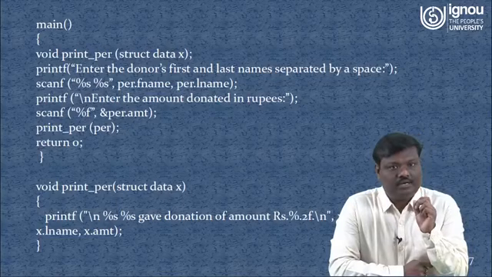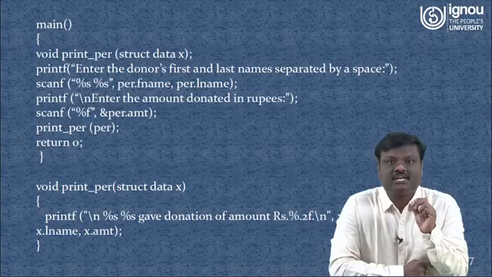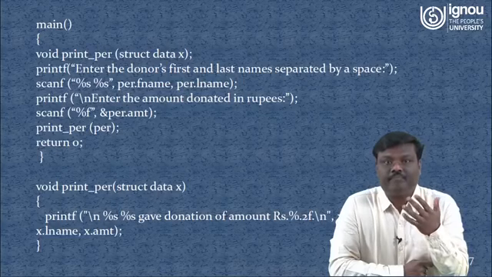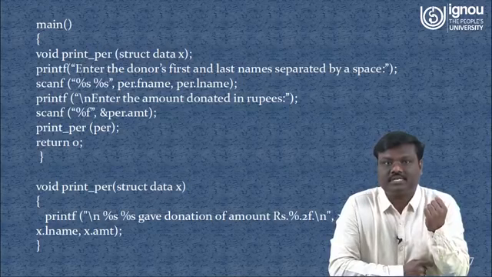One particular function is declared. You can observe print underscore PER, and inside you can see we are passing a structure as an argument in this function, struct data x.